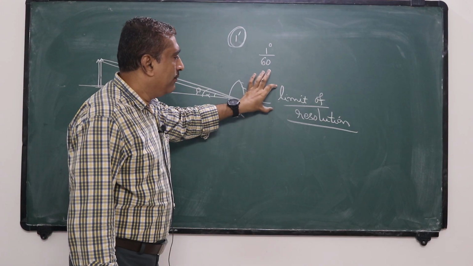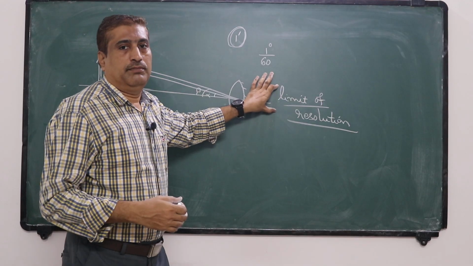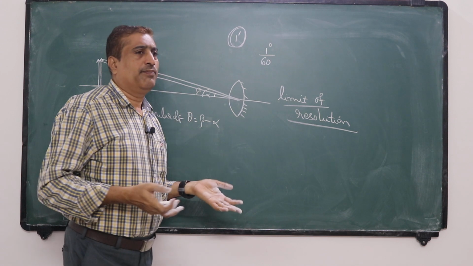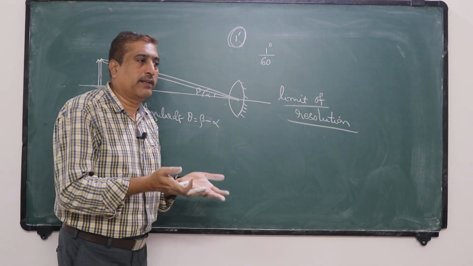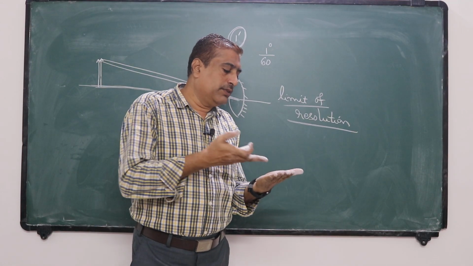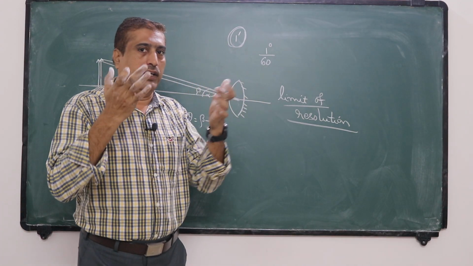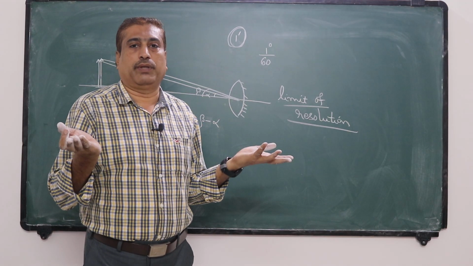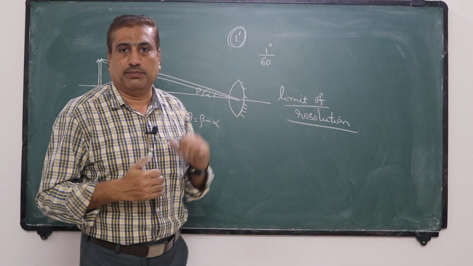Okay, and if we cannot resolve the two objects, then in that case we use optical instruments. Suppose we take a microscope. Two objects which are very close to each other may not be visible as separate with the naked eye, but when we observe them in a microscope, they appear to be separate. That means the microscope has resolved those two objects.